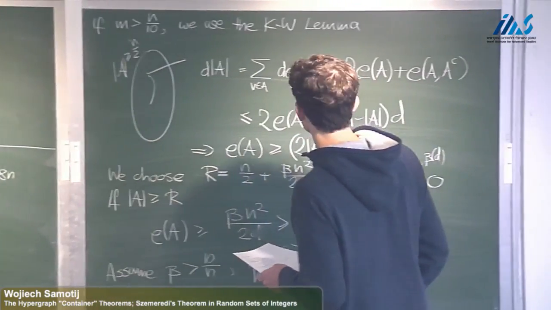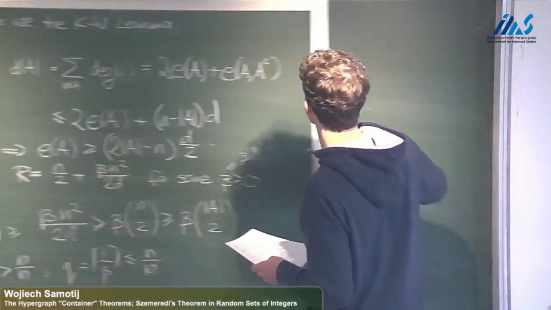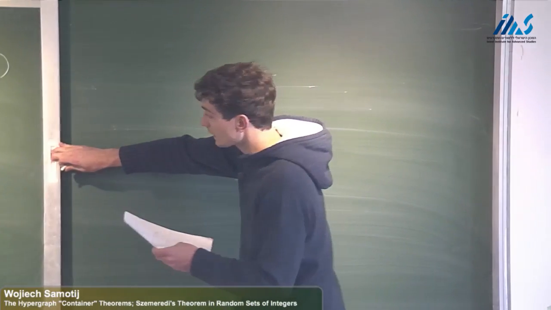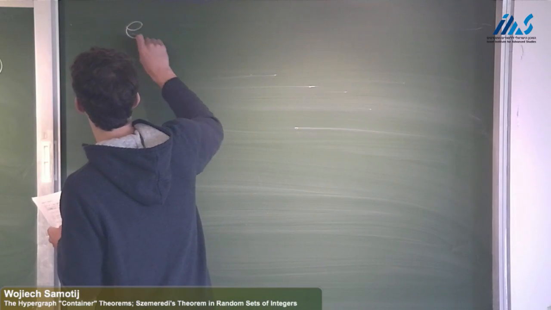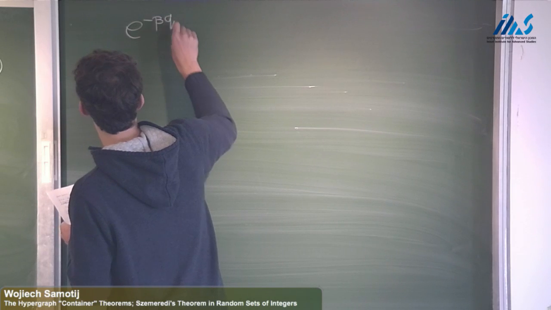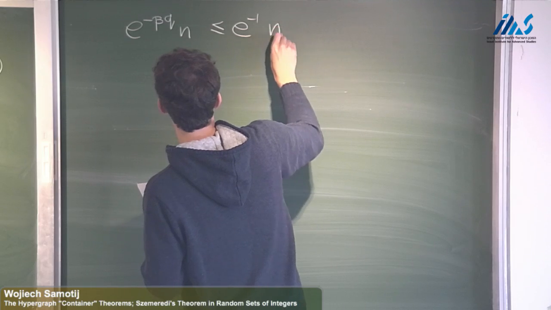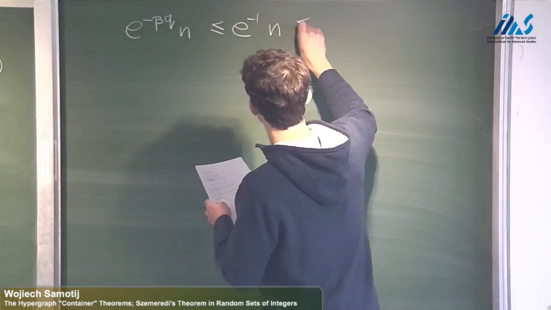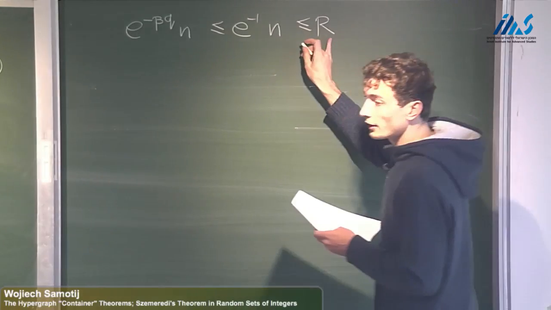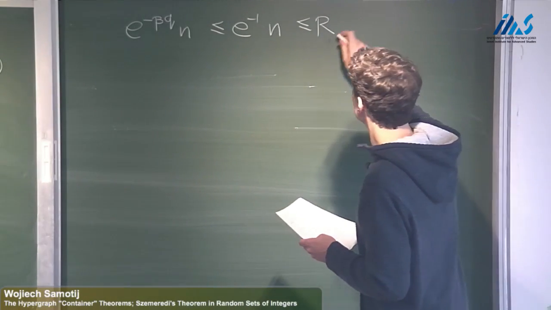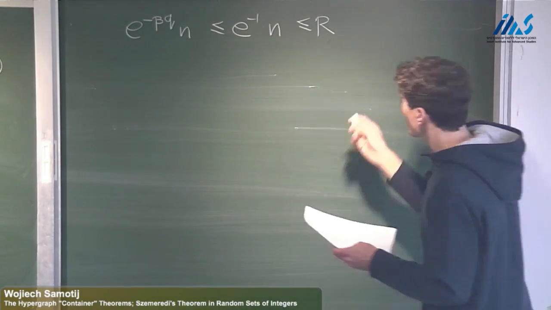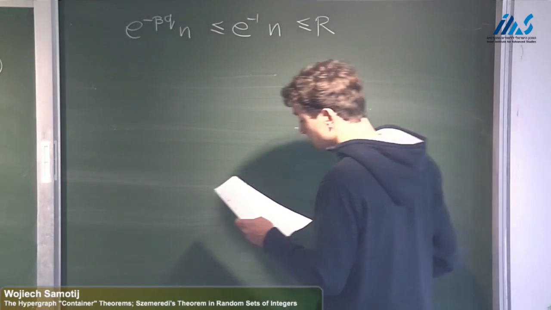And now just compute e to minus beta Q times n. This is at most e to minus 1 times n, which is at most R, because R was slightly larger than n over 2.